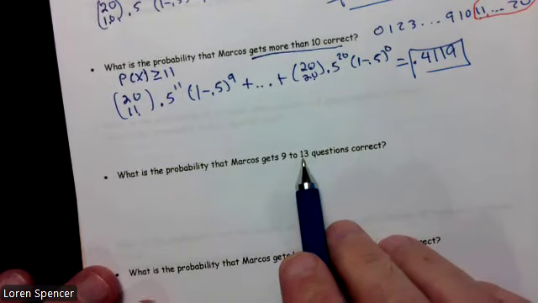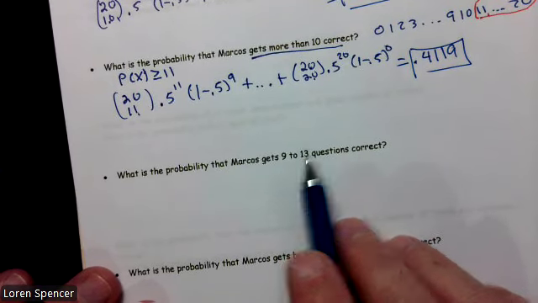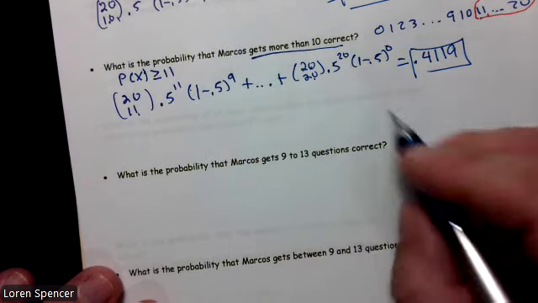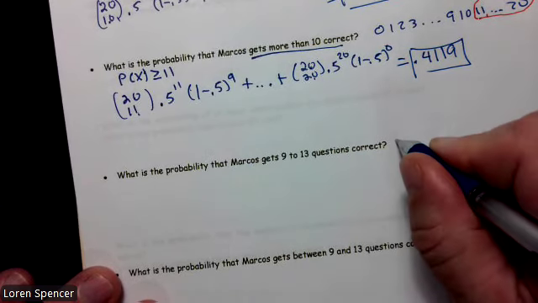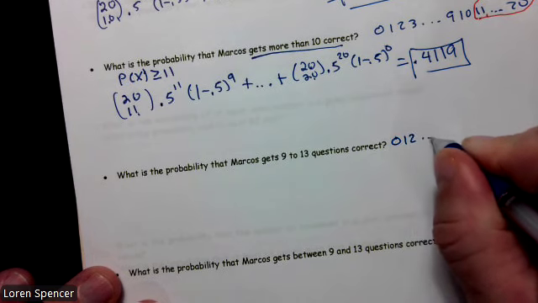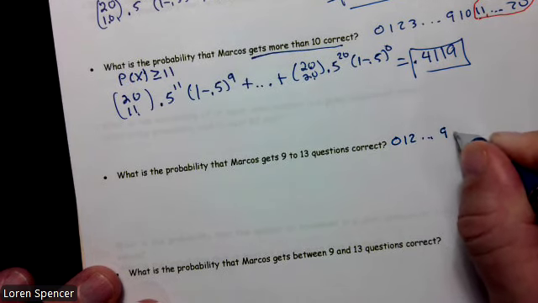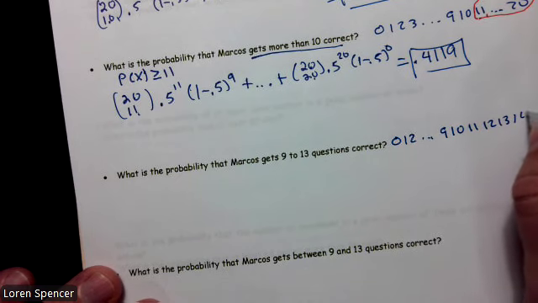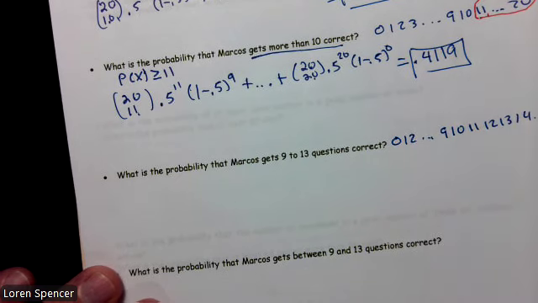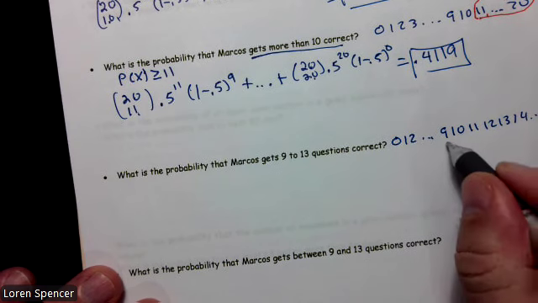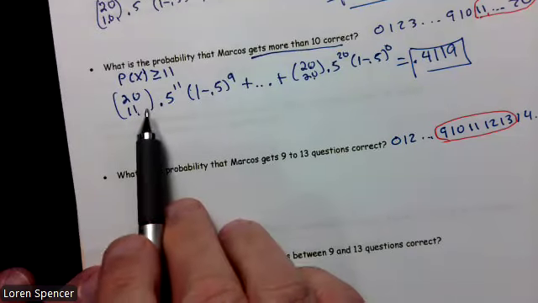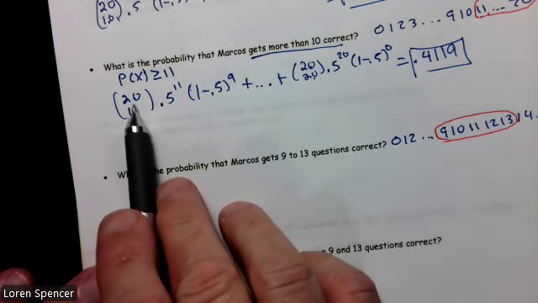All right, what's the probability that Marco gets between 9 to 13 questions correct? Or gets 9 to 13 questions correct? 0, 1, 2, 9, 10, 11, 12, 13, 14, 20. So in this case, 9 to 13, that's that group right there. Once again, we have multiple values.